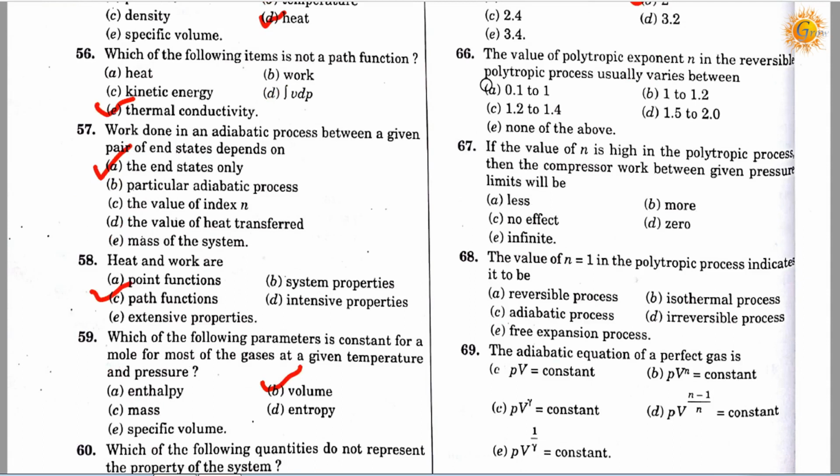Question number 66. The value of polytropic exponent n in the reversible polytropic process usually varies between option A 0.1 to 1, option B 1 to 1.2, option C 1.2 to 1.4, option D 1.5 to 2, and option E none of the above.